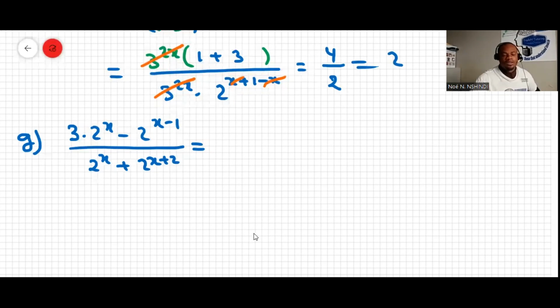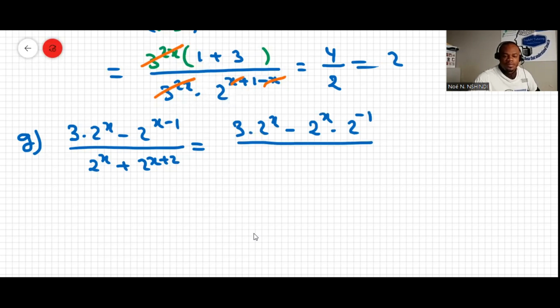In this case, we can write 3 times 2 to the x minus, 3 is already a prime number, I don't need to reduce anything there. So it's going to be 2 to the x times 2 to the negative 1, all over 2 to the x plus 2 to the x times 2 to the 2.